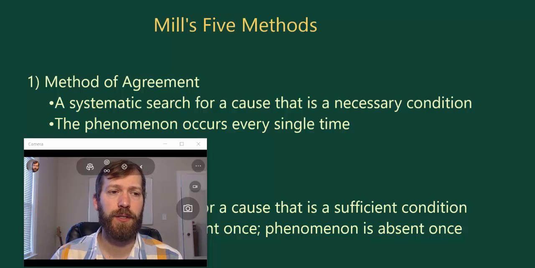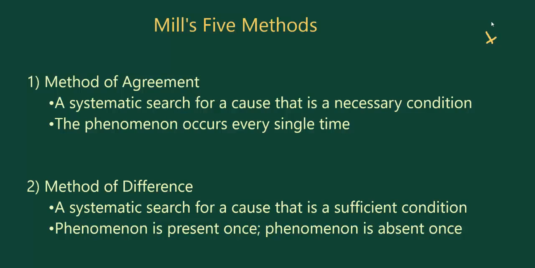To build evidence for this, what we need is several occurrences in which the phenomenon happens. So let P be the phenomenon. And then we have a group of other conditions that we want to know whether they're a requirement for the phenomenon or not.